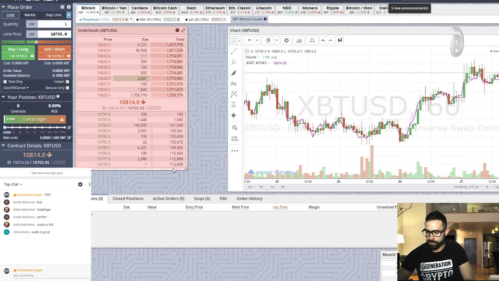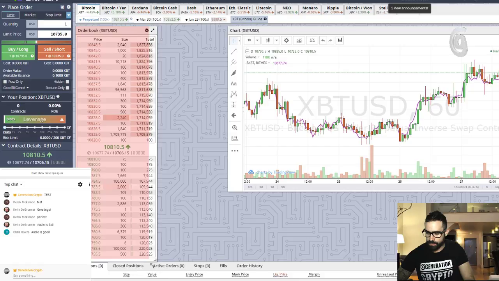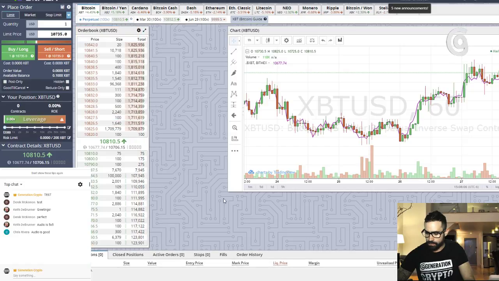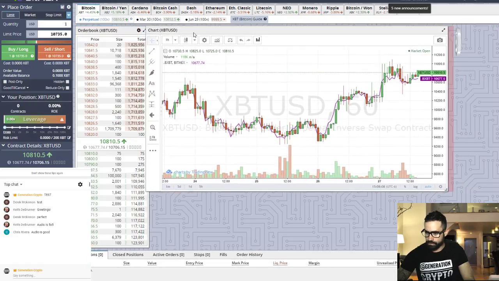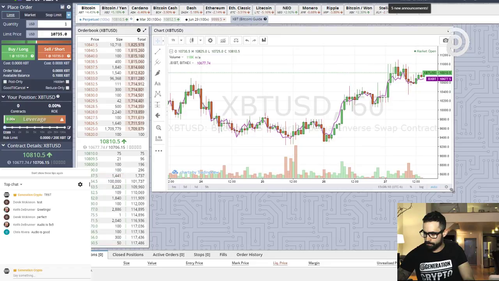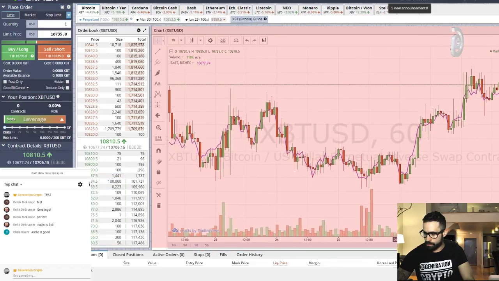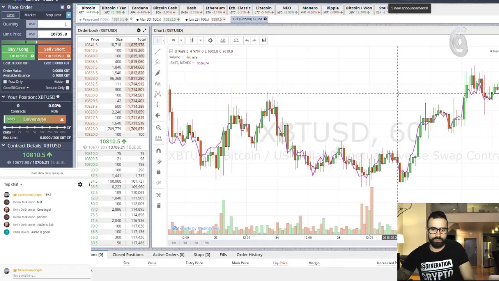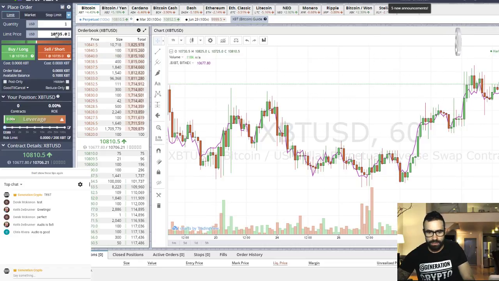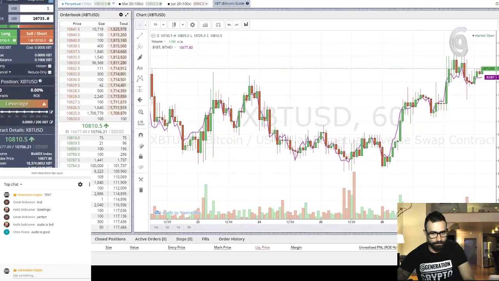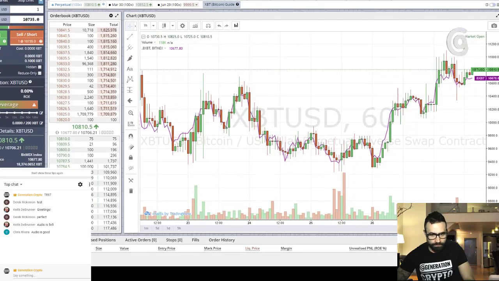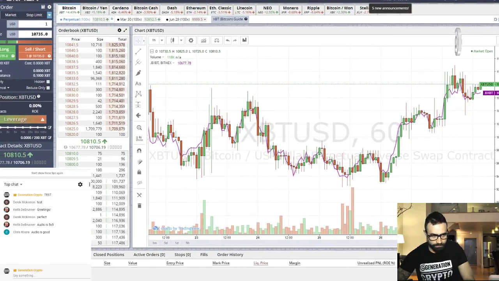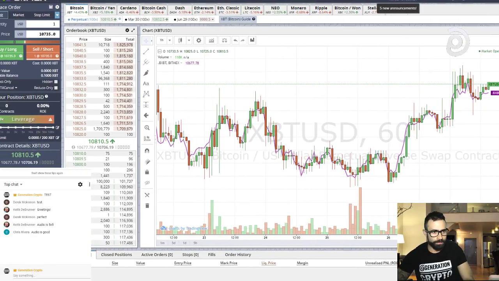And then the order book, I'll actually make that smaller, bring it down, move this over, and there we go. So this is going to be my ideal testnet type of setup. Let me shrink this just a little. Oh, frustrating.